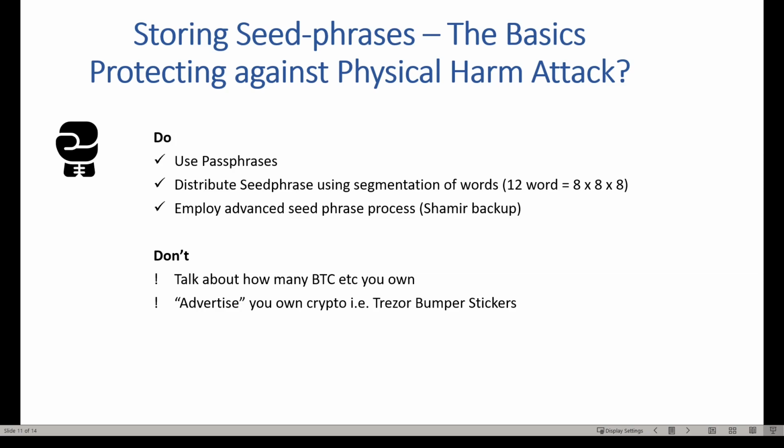You can have that up into 16 slices, and you need 4 people from this group and 3 people from this group and 5 people from this group, all to come together to reconstruct the entire seed phrase. So you can get quite technical in the way you use Shamir backups, so that you can distribute over a number of different groups and different family members or different acquaintances, so that they don't necessarily need to know who the other party is or even trust the other party. But when you bring together the right people in the right amounts, so the right amount of account holders, you can restore this seed phrase.